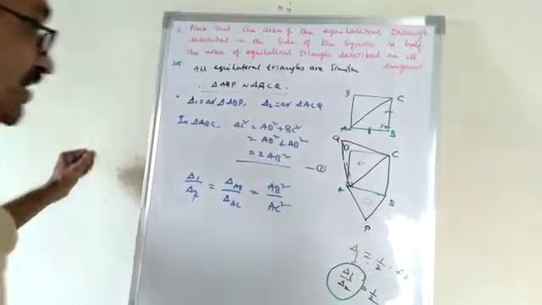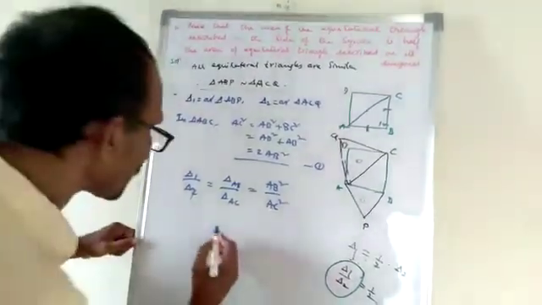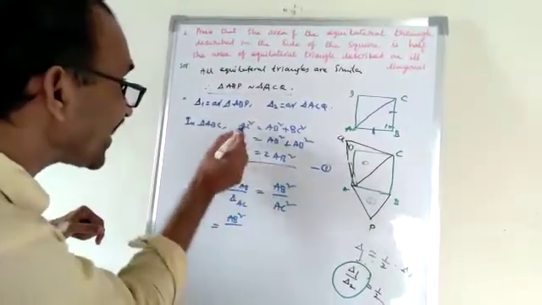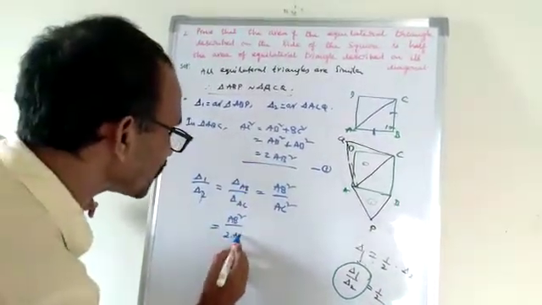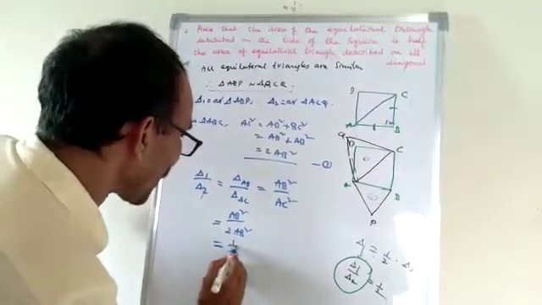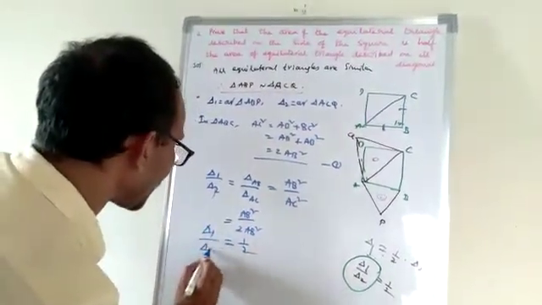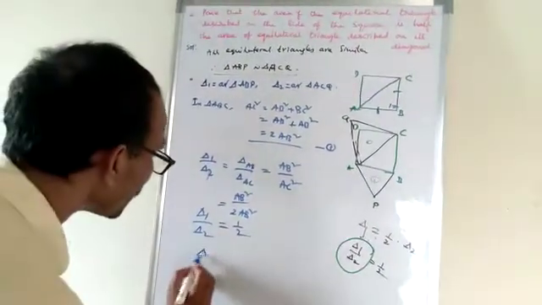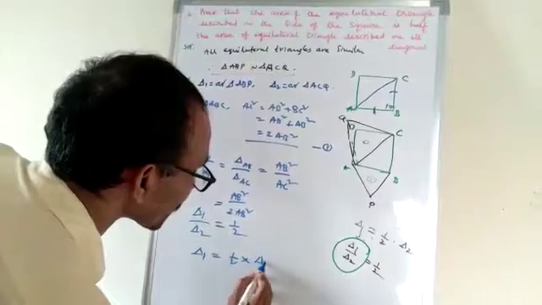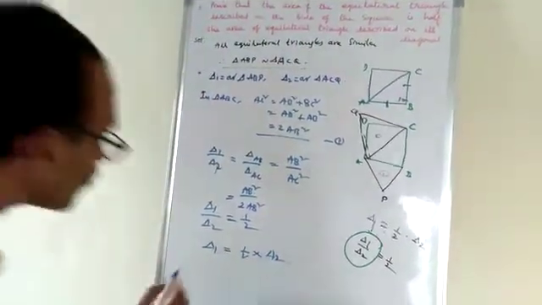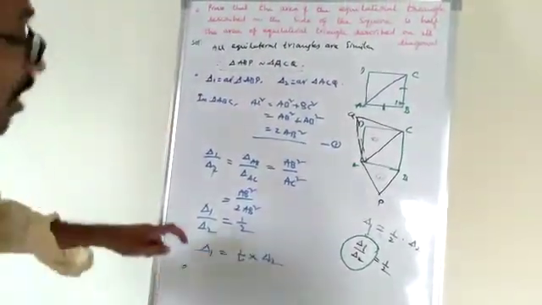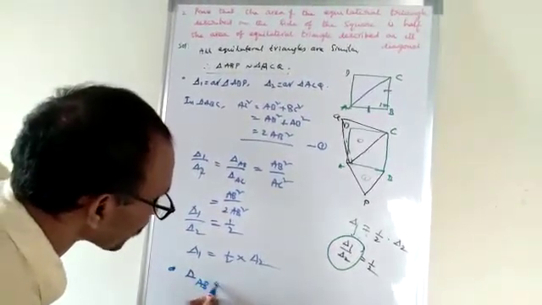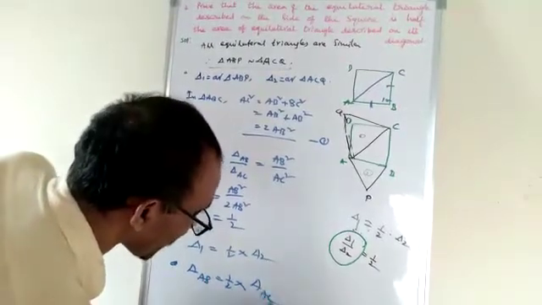AB square by AC square is equal to AB square by AC square, and clearly AC square is equal to 2AB square. That is 1 by 2. Area of triangle 1 by triangle 2 is equal to 1 by 2, that is, triangle 1 is equal to half into area of triangle 2. So the area of the triangle on side AB is half of the triangle on the hypotenuse side.